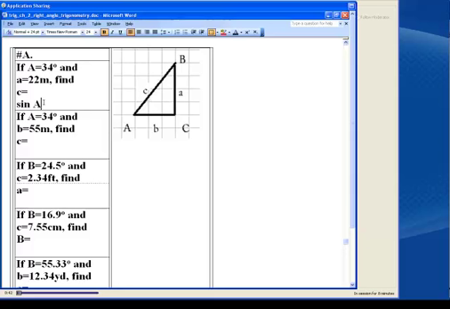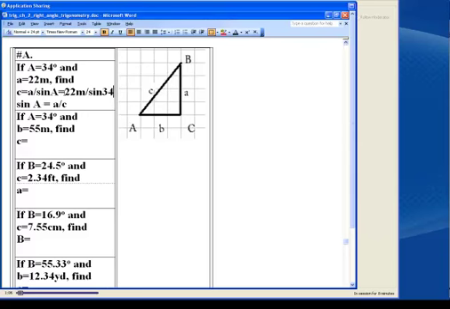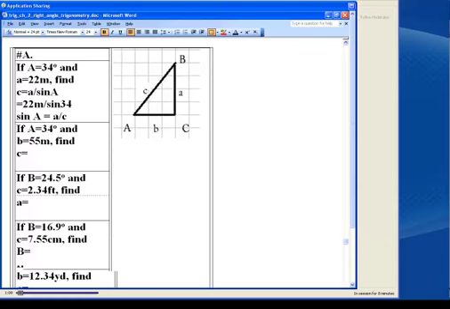Sine of A equals a over c, which means that c equals a divided by sine of angle A. Of course, 22 meters divided by sine of 34 degrees.